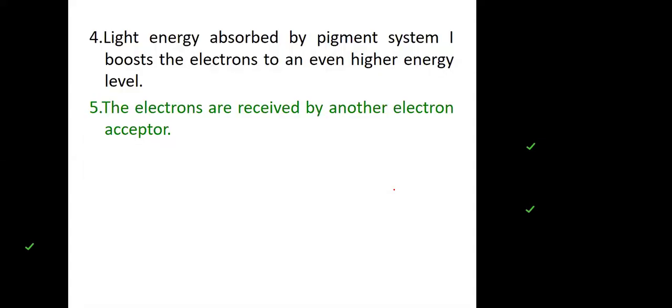And then the electrons are received by another electron acceptor. Remember, we said last time that if you know the names, make sure you talk about them, but they are not such a requirement because most of the books are silent about them. Only a few books talk about the identity. That is plastoquinone, plastocyanine, and ferredoxin.